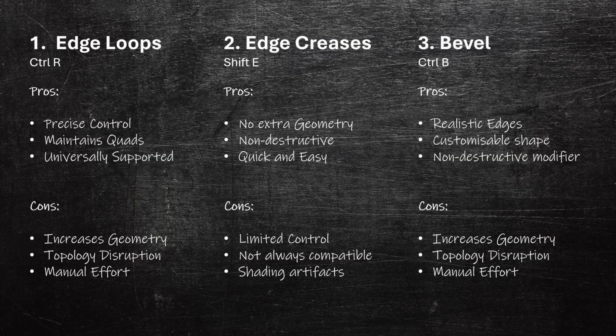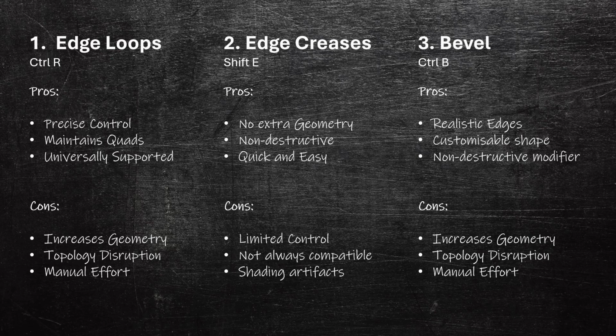The pros with bevels are that they create nice, realistic edges. It's a customizable shape as well, so you can change how the bevel interacts and appears on your mesh. If you use the modifier, it's non-destructive, so you can completely go back. It doesn't actually change your model at all. The cons, though, are that again it increases the geometry on your model.